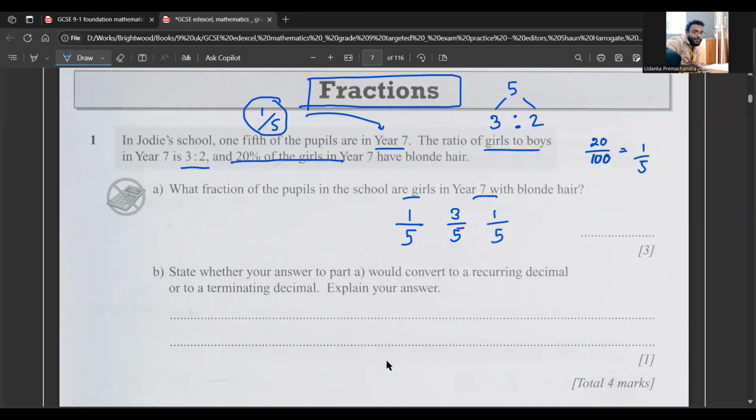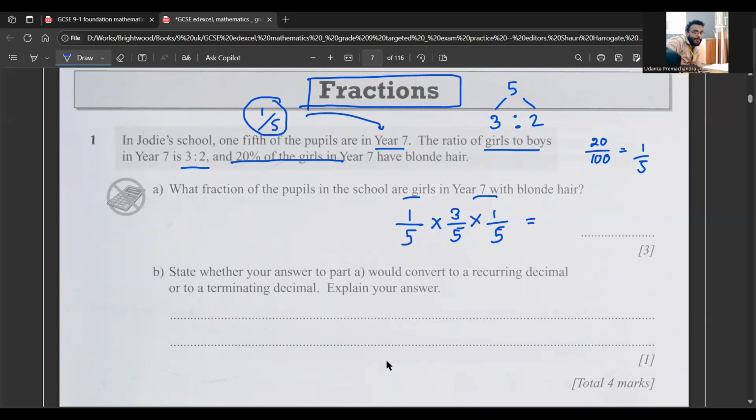So these are the things. Altogether they ask for 1/5 of grade 7, 3/5 of the girls, and 1/5 of that with blonde hair. So you can find the fraction of all. You have to multiply all of these three.